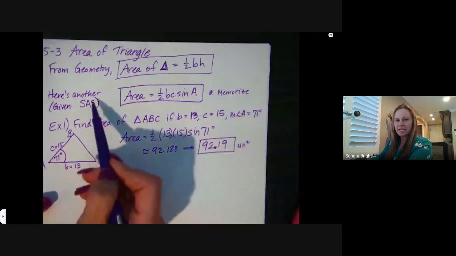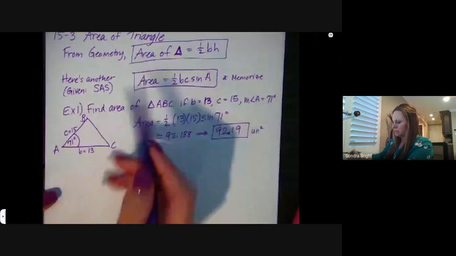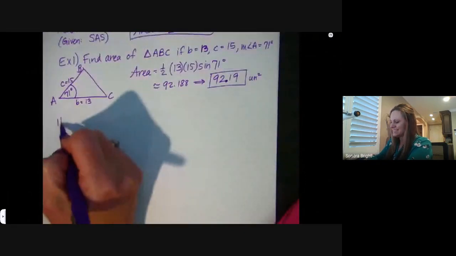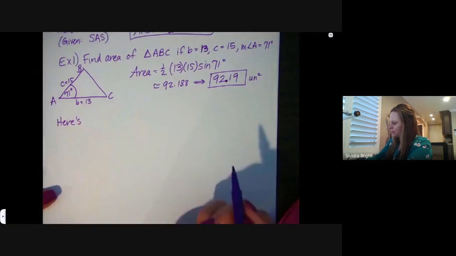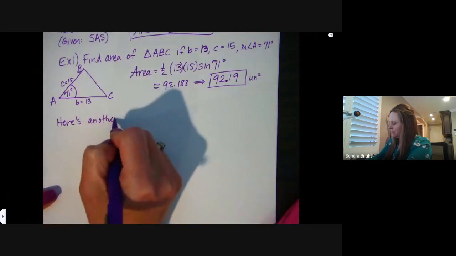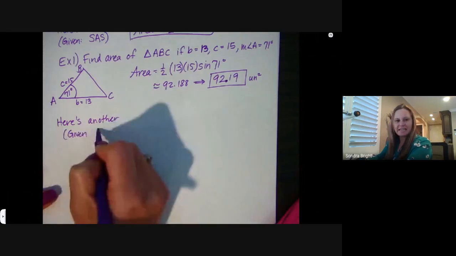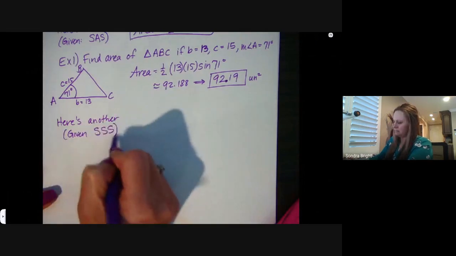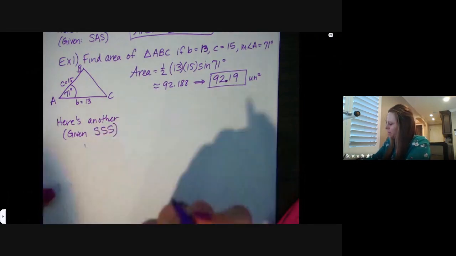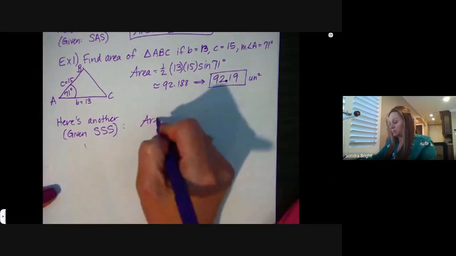But remember, we also learned about the triangles when we're given snaky. So here's another formula. And this is if you are given side, side, side, the snaky triangle, because, I know I'm lame, whatever. I'm okay with it. This area formula is actually much more complicated.